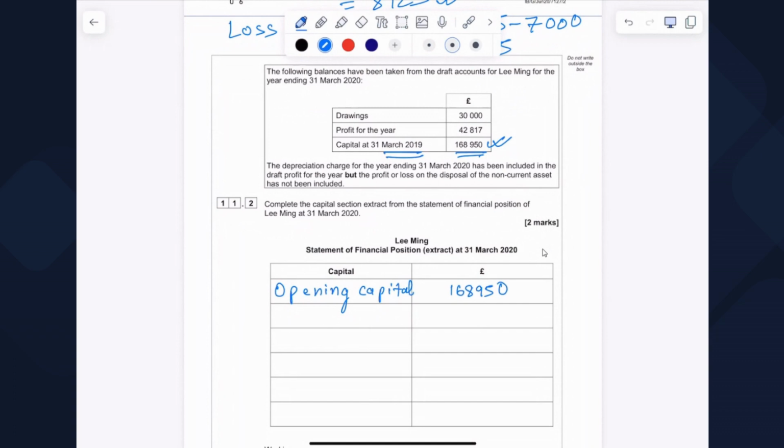Then we are going to add any profit that we have for the year, but we got to make some adjustments here. If you remember, any relevant depreciation charge was factored into the calculation of the profit, but the profit or loss on disposal wasn't factored in. So how do we account for this?